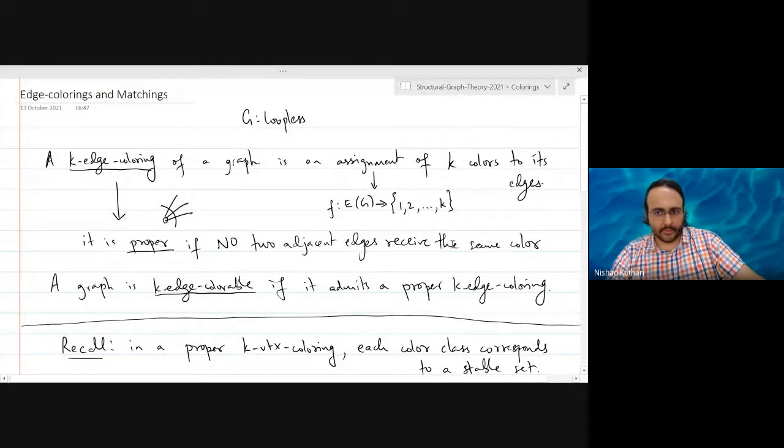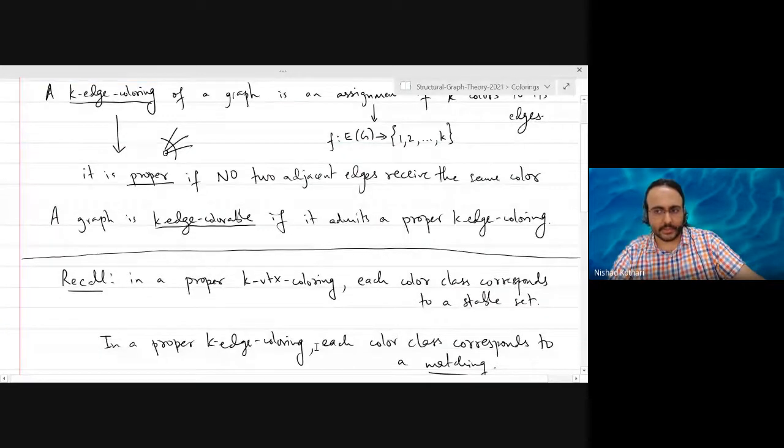So an edge coloring of the graph is an assignment of k colors to the edges. That would be a k edge coloring. And it is proper if no two adjacent edges receive the same color. Which means you look at any vertex and you should see each color at most once around that vertex.